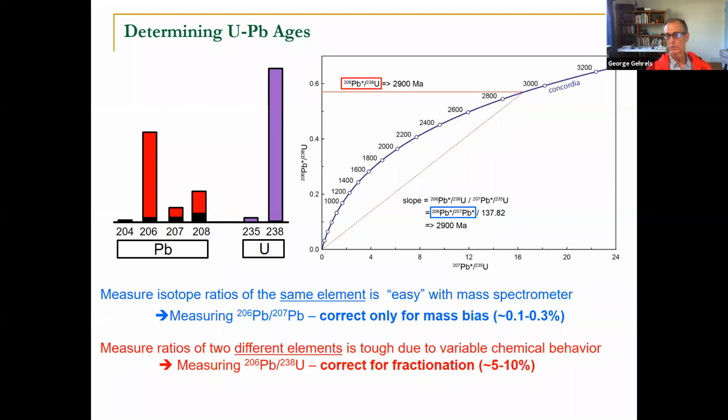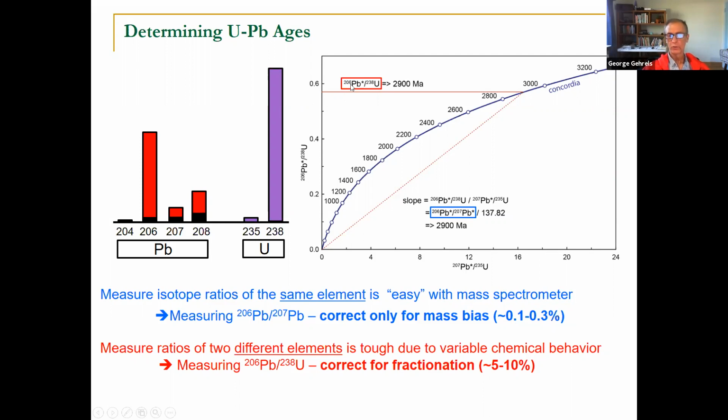They have the same charge and size and all that. So just a slight difference in mass. So the measured value off the mass spectrometer, 206, 207, is very close to the true ratio. You might have to do a correction of 0.1% or 1/3%. We call this the mass bias correction. So we will do that correction.